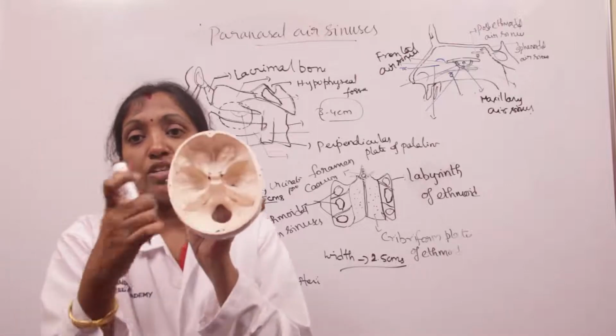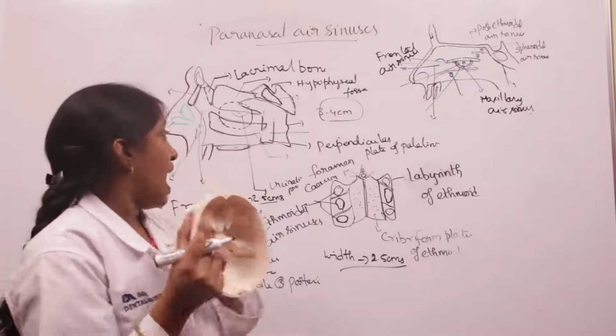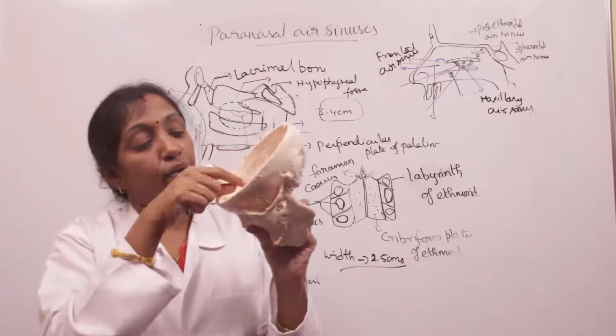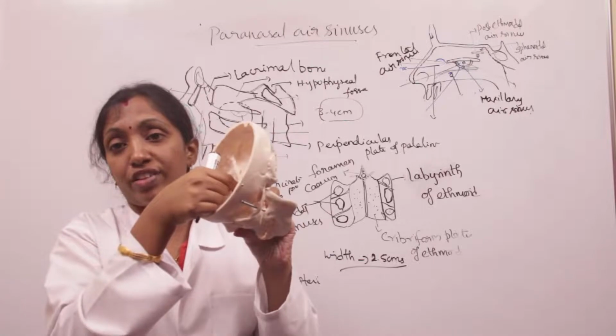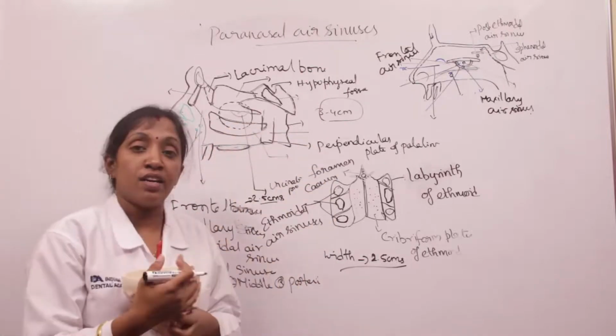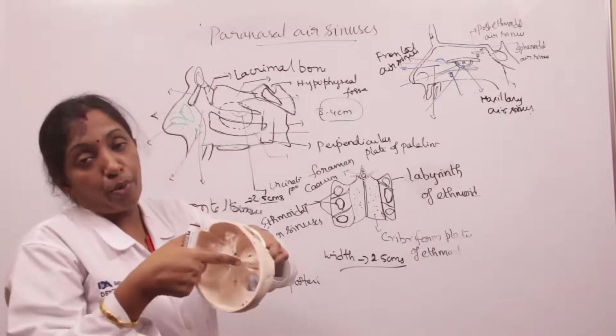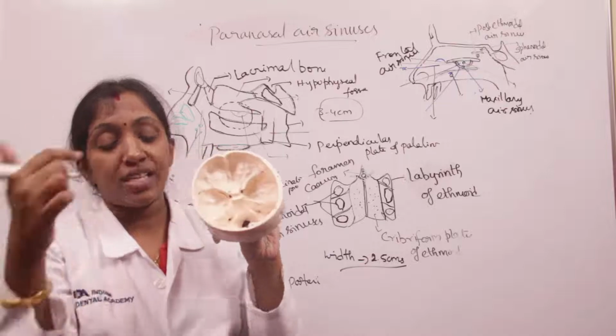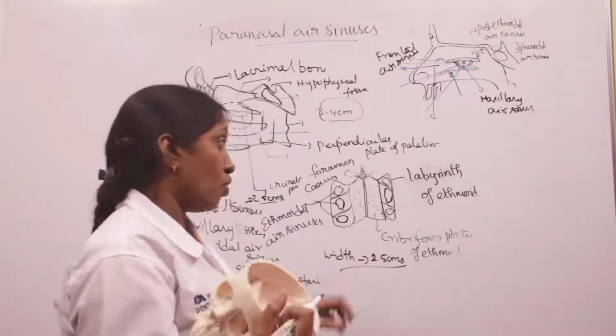It is related laterally to the internal carotid artery, because the carotid canal is present on either side of the body of the sphenoid, and behind it is related to the pons and medulla oblongata, separated by the basilar plexus of veins.